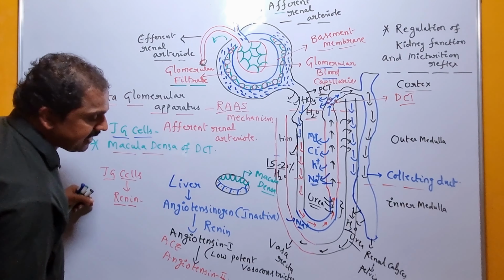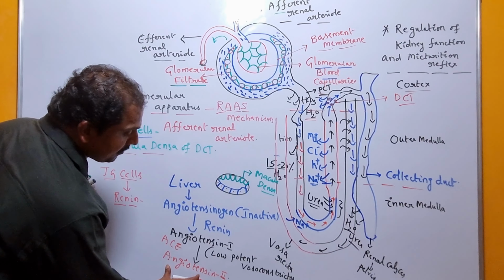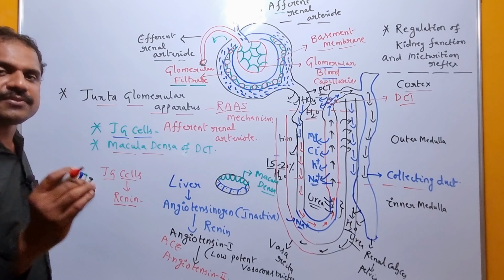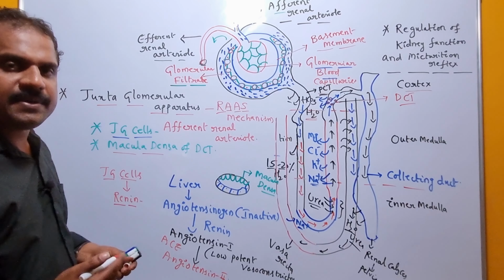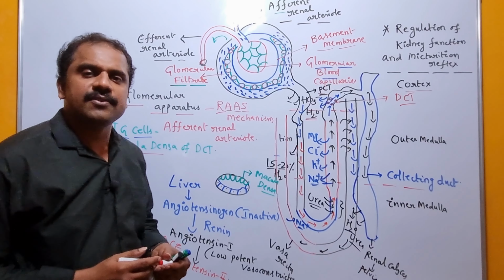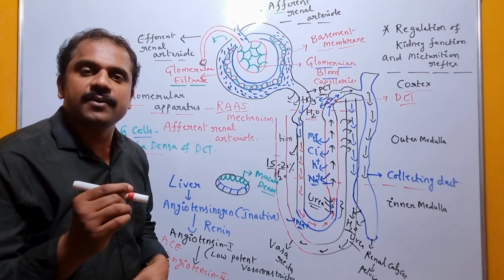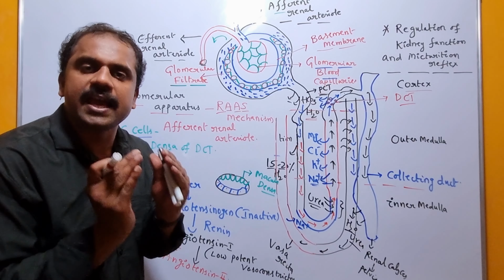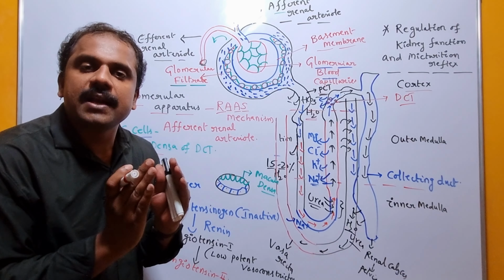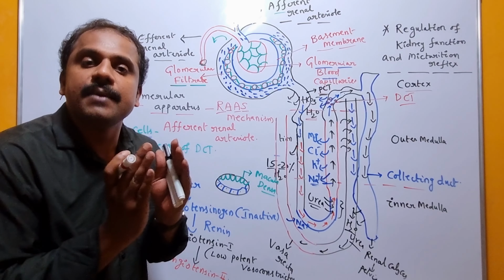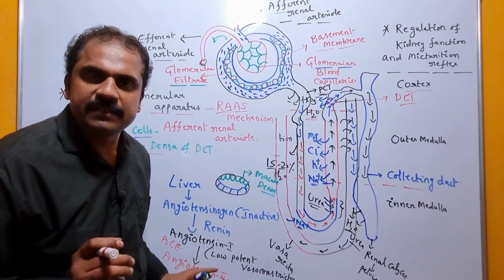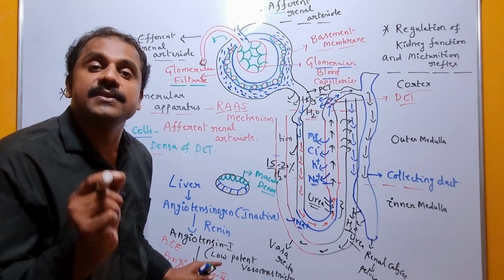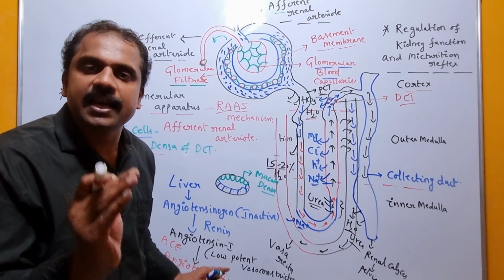In comparison with angiotensin 1, angiotensin 2 is a strong potent vasoconstrictor. As the name itself suggests, angiotensin 2 is responsible for inducing vasoconstriction. That means in the presence of angiotensin 2, the walls of the blood vessels become so narrow or constricted.